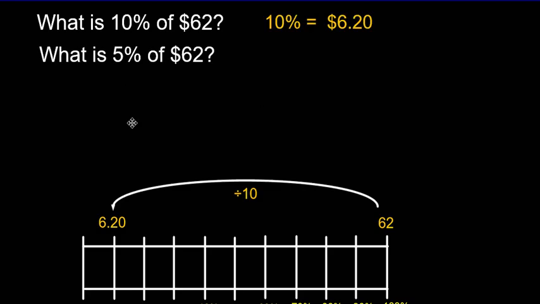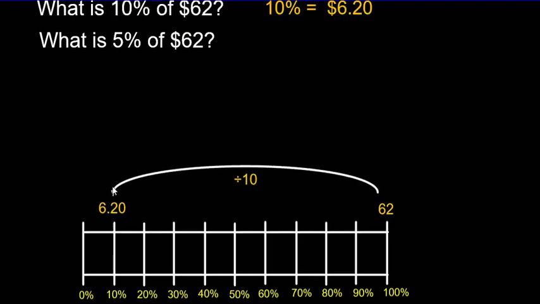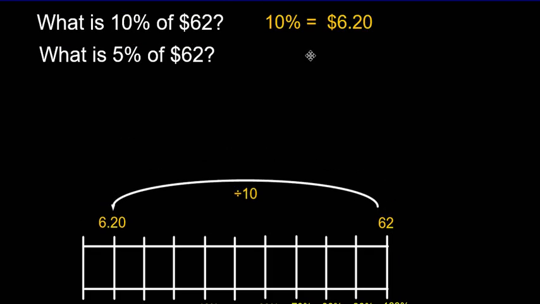Now, what is 5% of $62? Yeah, since 10% divided by 2 equals 5%, then we're going to take this value divided by 2. So $6.20 divided by 2 equals $3.10.